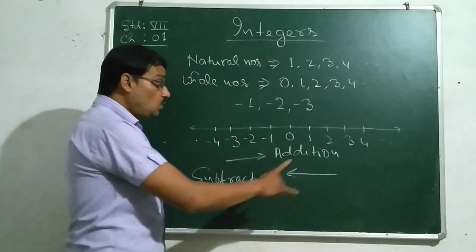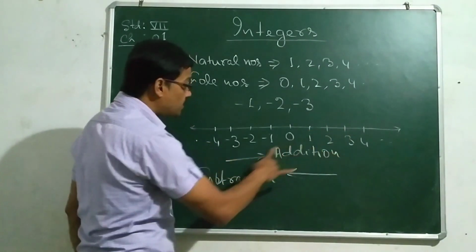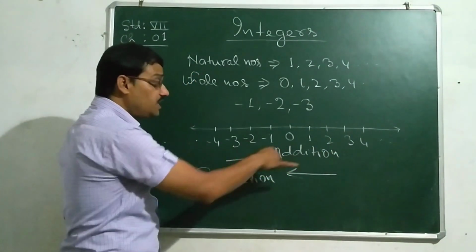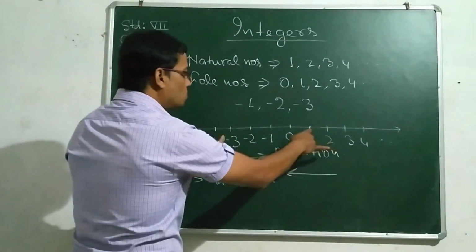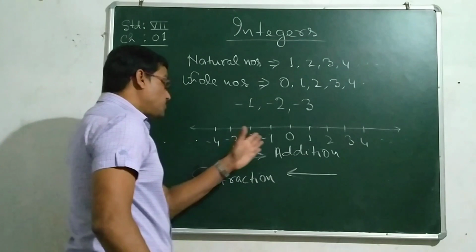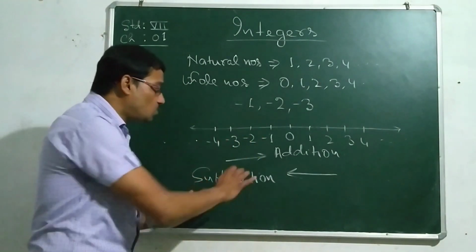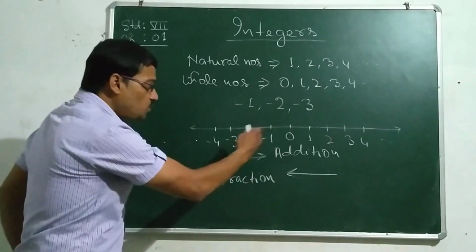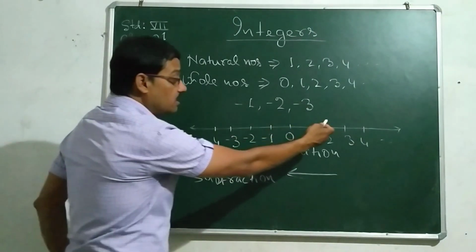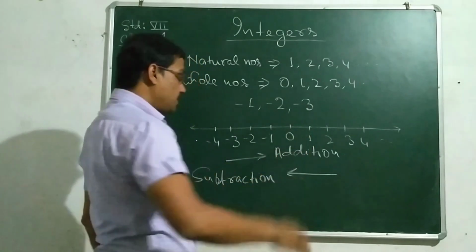Say if you are told to subtract -3 from 2, then we will move left side up to -3, and if you are told to add 2 to -2, we will move 2 steps towards right side from -2.